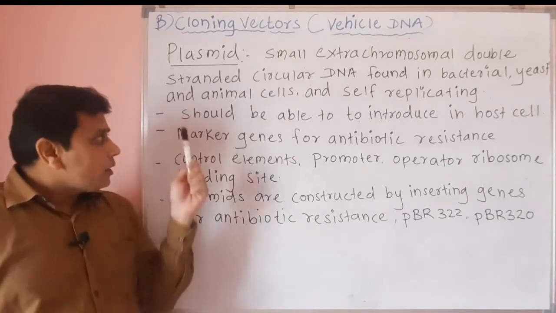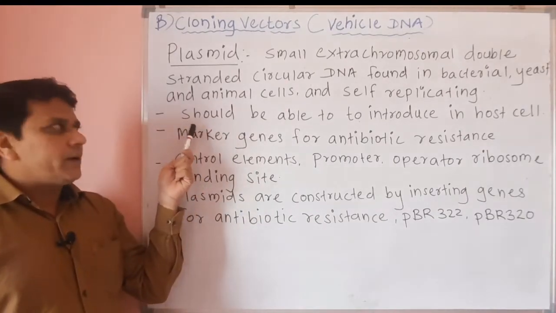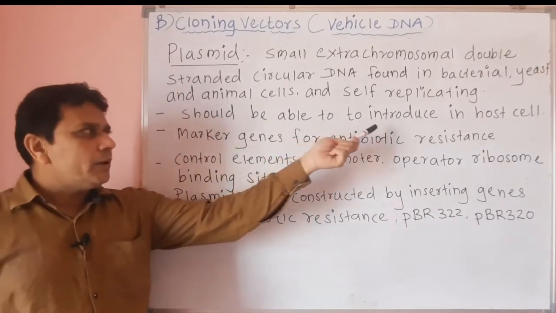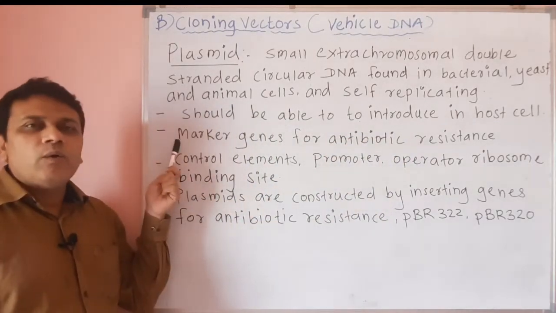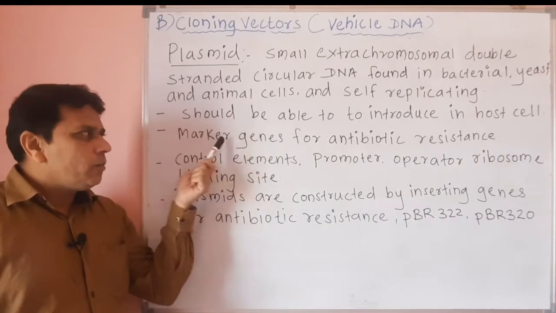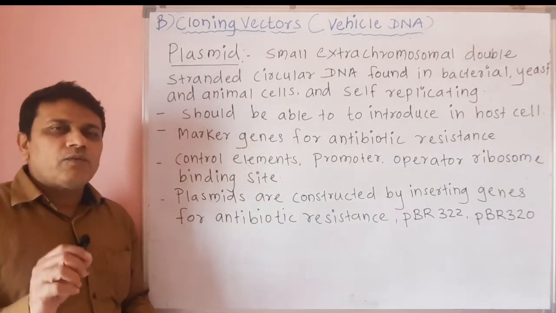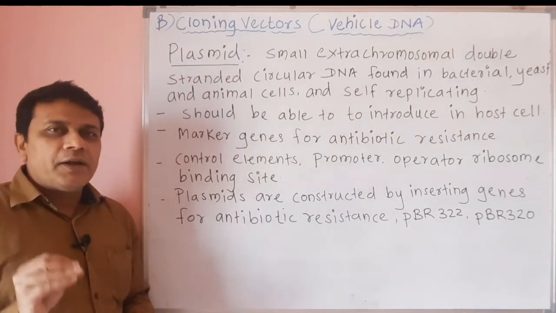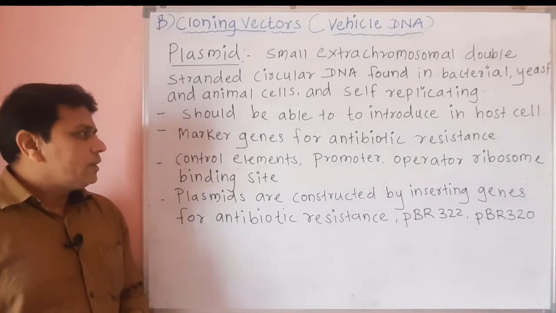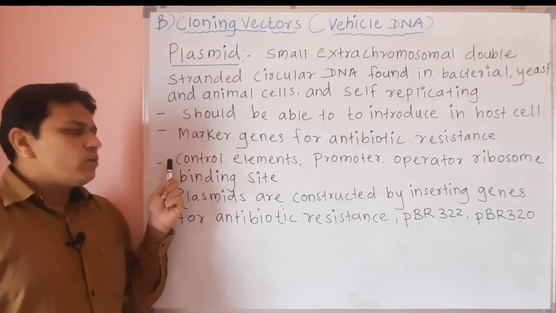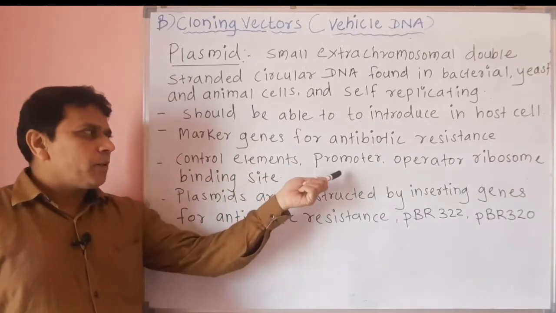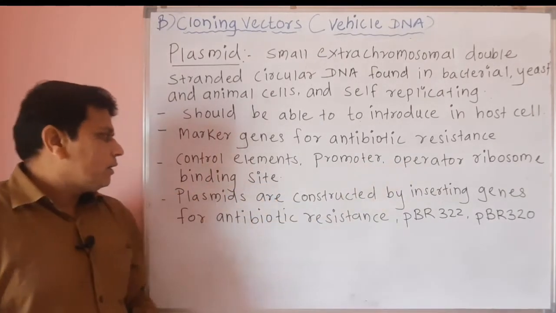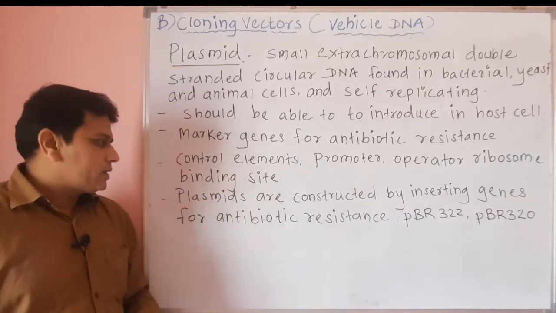Then the plasmid, when used as a vector, should be able to be introduced in the host cell. Then it should have marker genes. Marker genes are essential for different antibiotic resistance. Then it should have control elements, the promoter, operator and ribosome binding site.